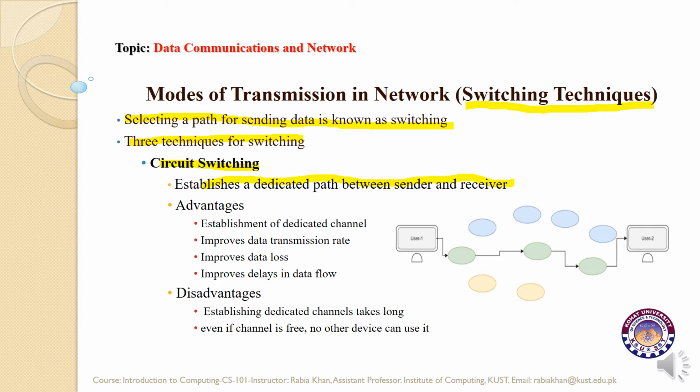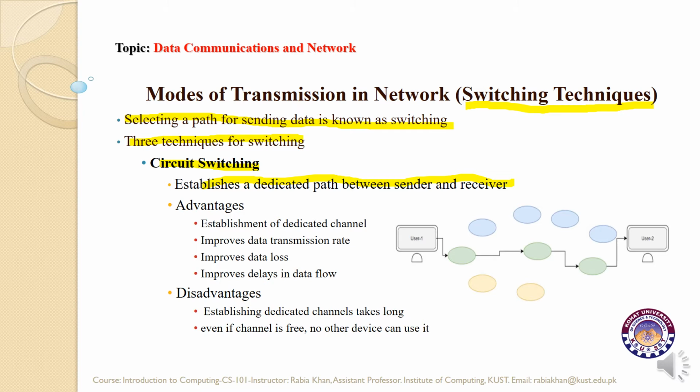The phone bell rings, and if the receiver approves your call, if he picks up your call or notifies his availability by sending back an acknowledgement, this means that the dedicated path has been established. If he picks up your call, the dedicated path is established between you and the receiver.